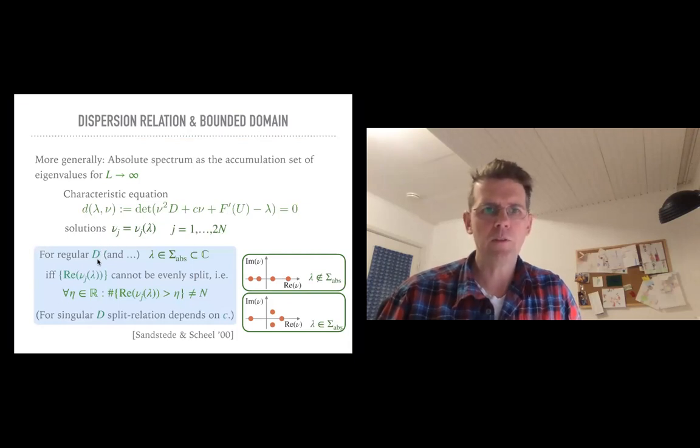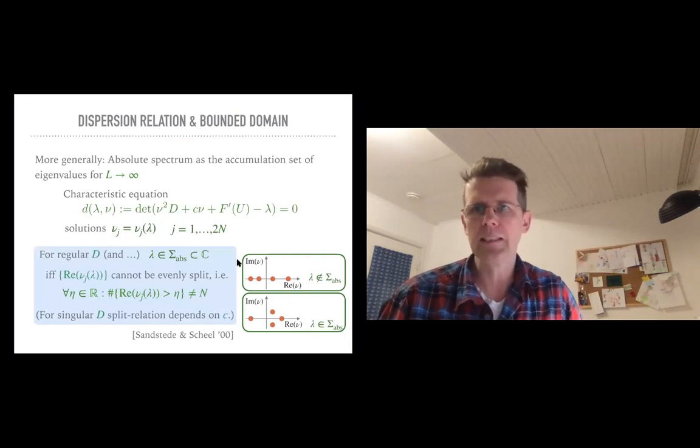And the statement is that for regular D, for such an invertible diffusion matrix and certain conditions, which I won't specify, it's just an open set of conditions, lambda is in the absolute spectrum if and only if the set of real parts of these spatial eigenvalues cannot be evenly split. In other words, for any number eta, the number of eigenvalues with real part bigger than this eta is not n. So it's like there's an obstruction to splitting.